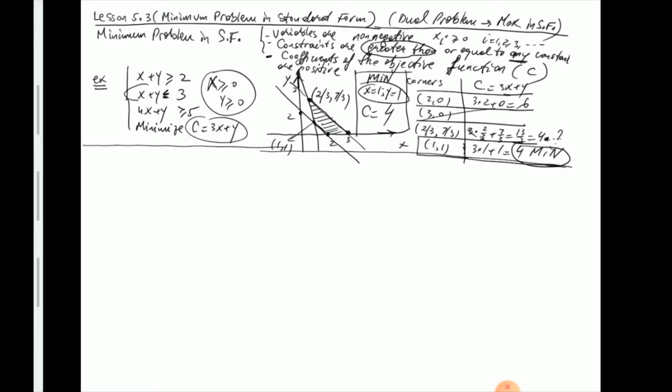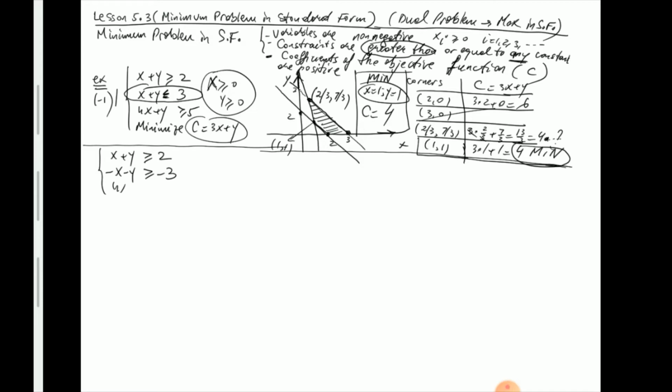So you need to change any inequality in the direction to greater than or equal to. That means the second constraint, you need to multiply by -1 to reverse the direction of the inequality. So we're going to end up with x plus y greater than or equal to 2, minus x minus y greater than or equal to -3. Remember, we have to change the signs.